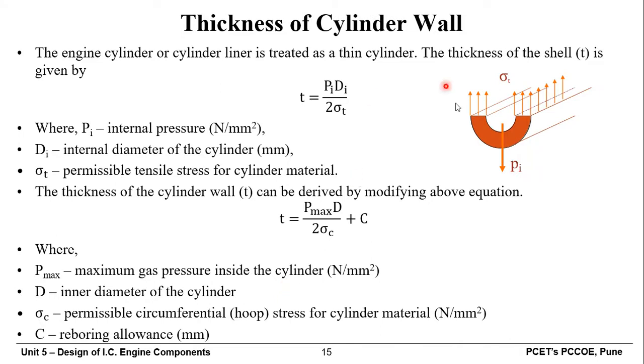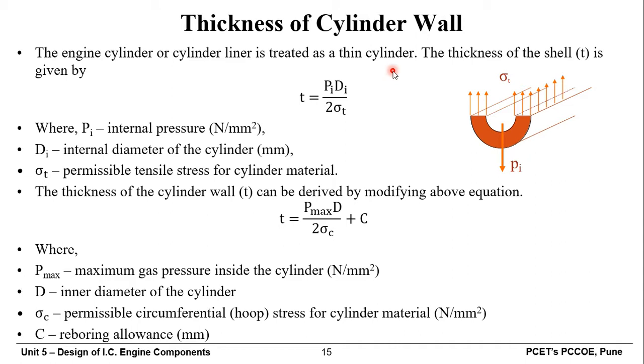The next important dimension is thickness of the wall. So for the cylinder, we need to calculate the thickness so that it will take the internal pressure developed during the operations. And for designing the cylinder, we generally treat the engine cylinder or cylinder liner as a thin cylinder, and the theory of design of thin cylinder is already discussed in pressure vessel design.